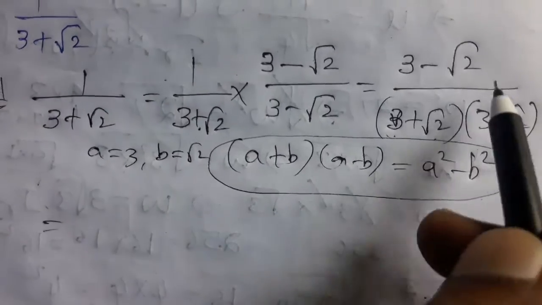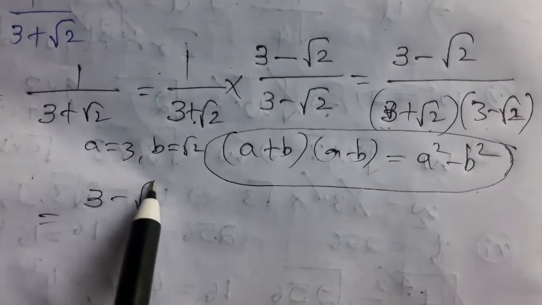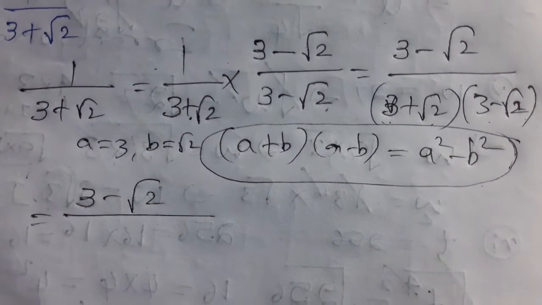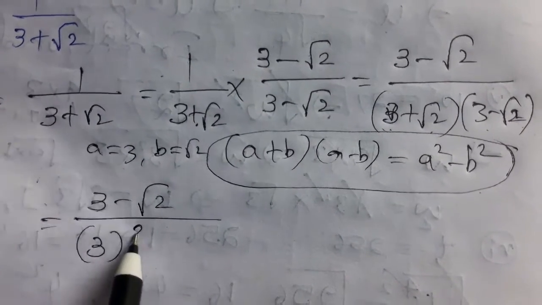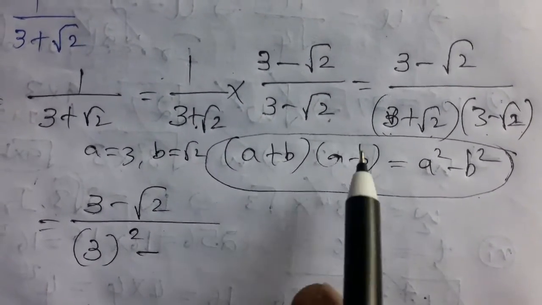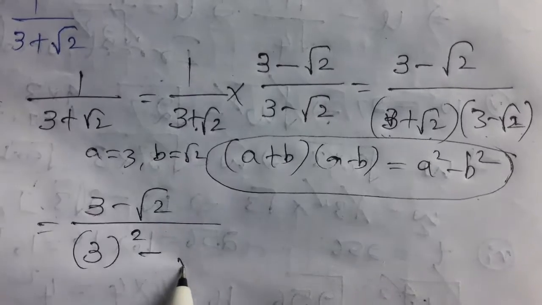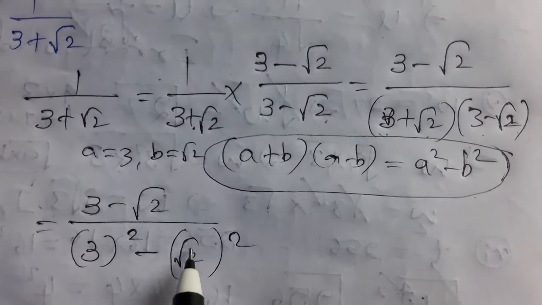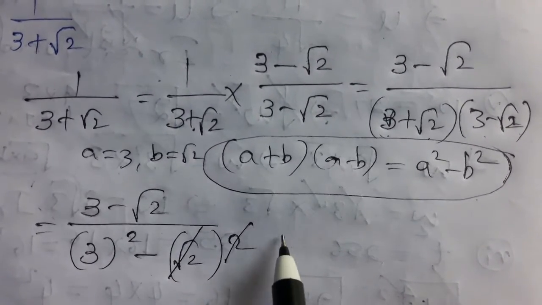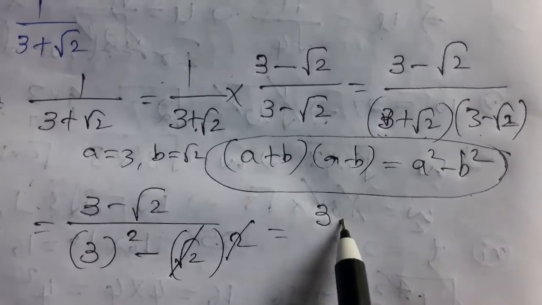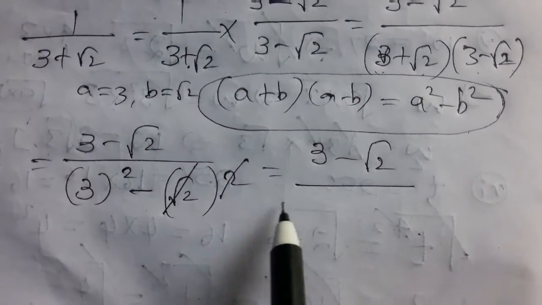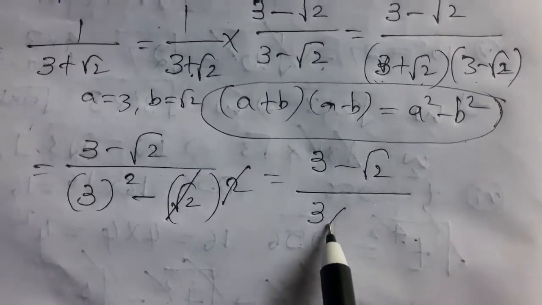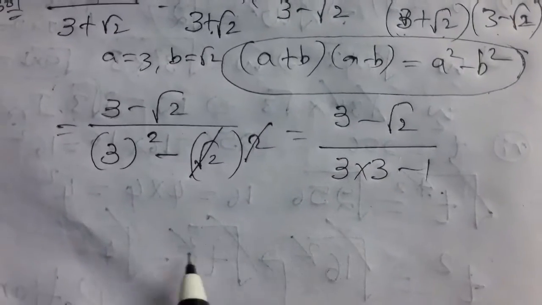Now that becomes 3 minus root 2 by a square means 3 whole square minus b square means root 2 whole square. This root and this square cancel, that becomes 3 minus root 2 by 3 into 3 minus 1.